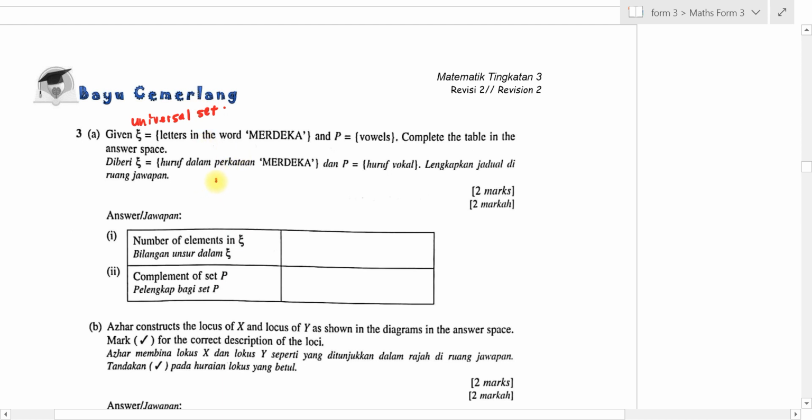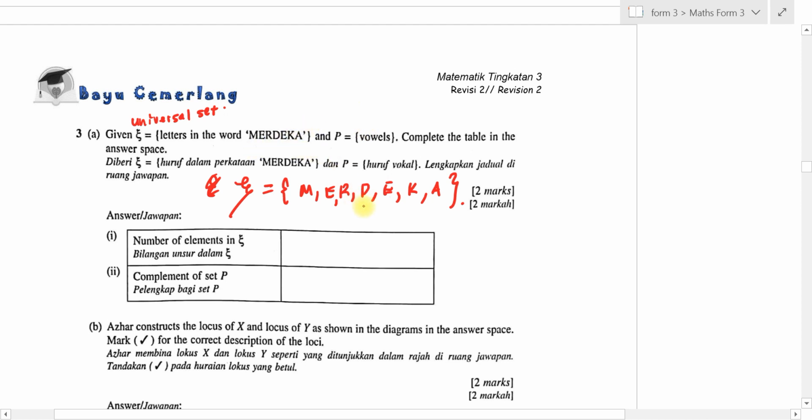Okay, so universal set: Merdeka. Although we have a repetition, we need to treat it as another element. We cannot leave it out because E already exists.